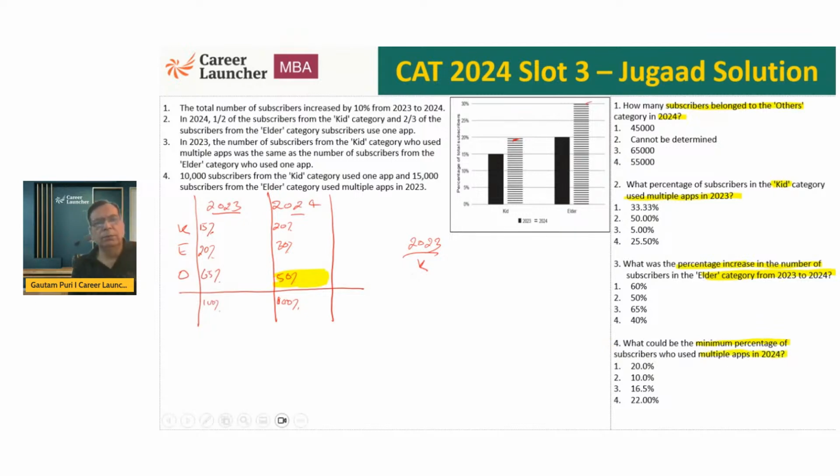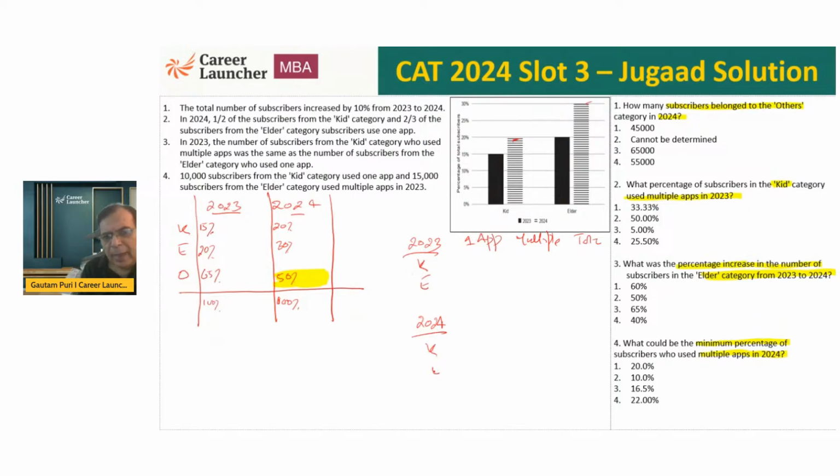So what do we need? We need kids and elders for 2023, one app and multiple apps, and obviously the total. Same thing we need for 2024 also.